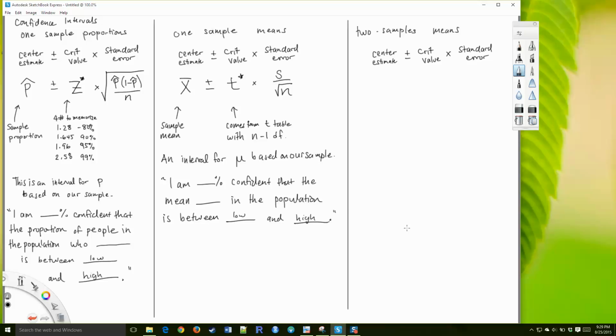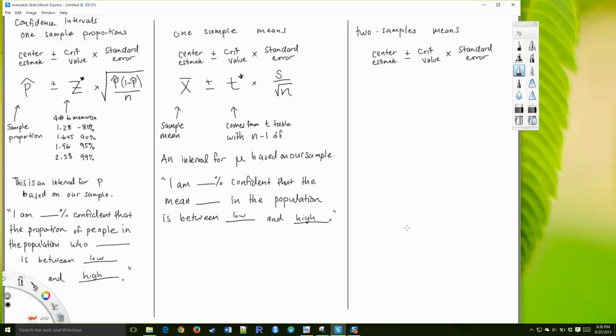Okay, and if somebody asks, do we have evidence that it is different from 20? What's our answer based on the interval? So if 20 is inside the interval, we don't reject.